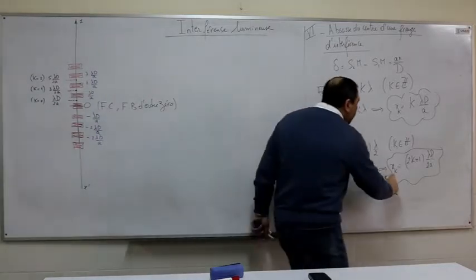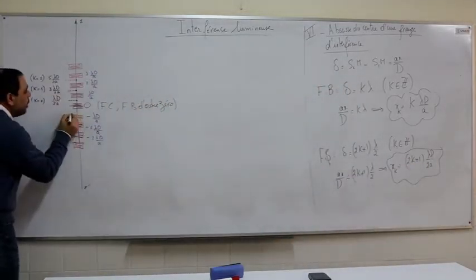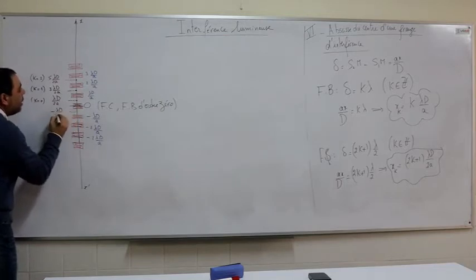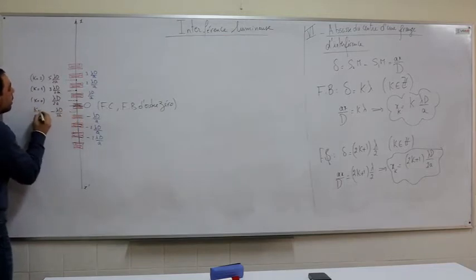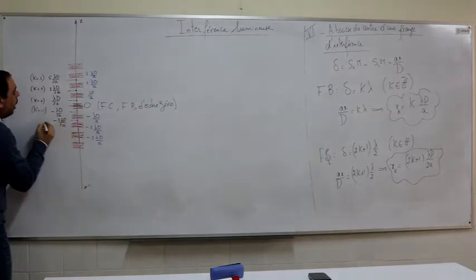What about the dark fringe of order minus 1? So we get minus lambda d over 2a for k equals minus 1. This is minus 3 lambda d over 2a for k equals minus 2.